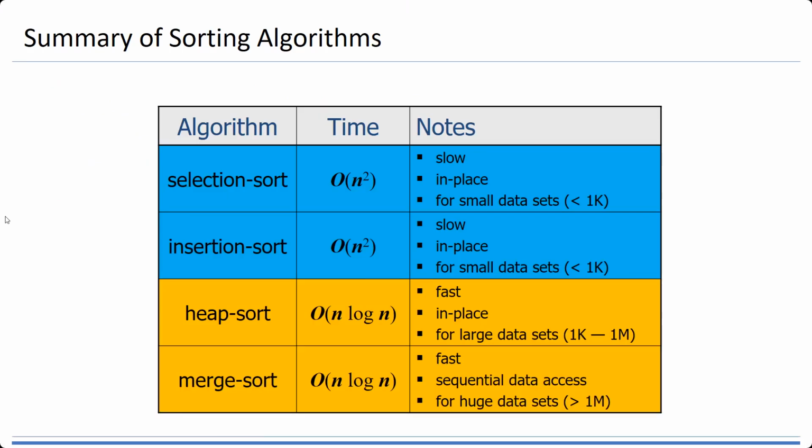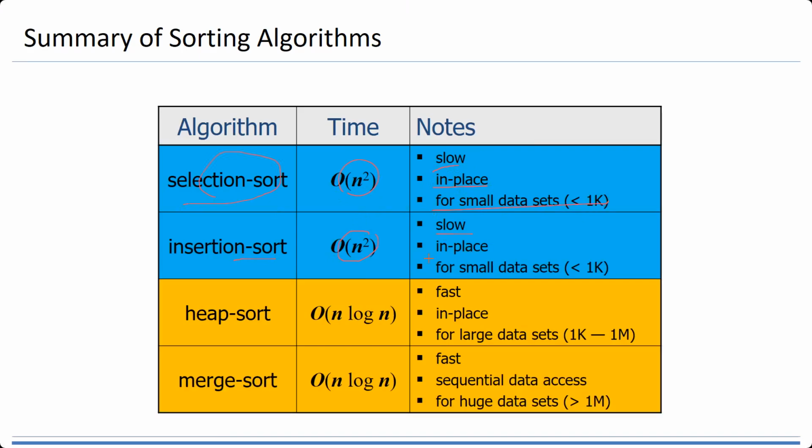So now we have a comparison. The selection sort, before we learned about the priority queue, runs in n squared. The insertion sort, n squared. So it is slow, it is in place, and it is good for a small data set.